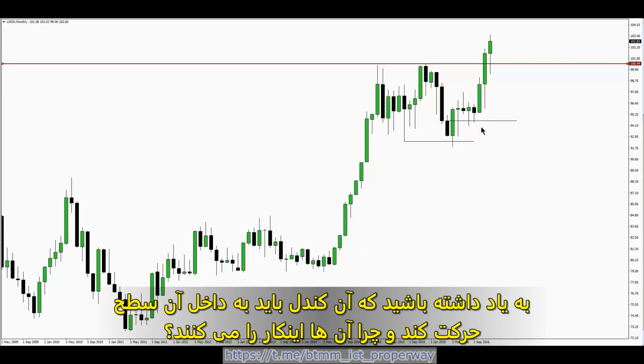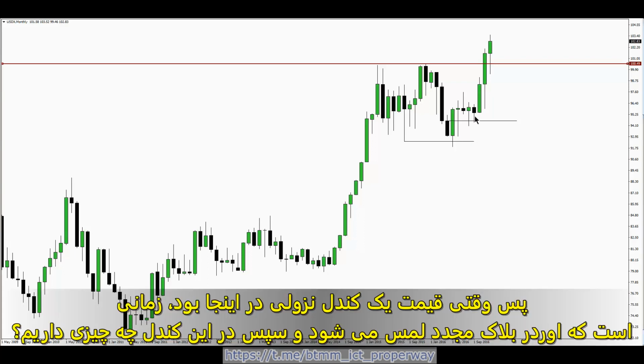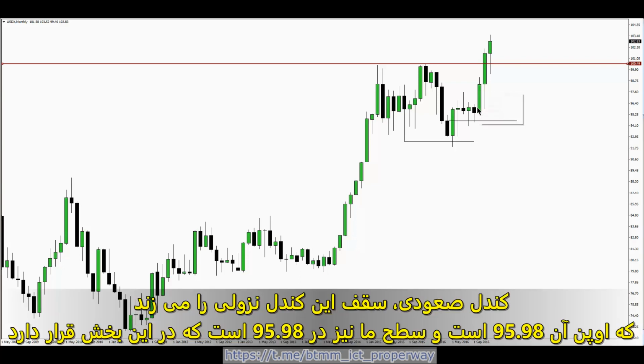And why are they doing this? They're going down there to pick up more opportunities to get long at a cheaper price, more discount price. So when price was a bearish candle here, that's when the order block would have been hit again. Okay, and then what do we have here on this candle? It violates this down candle's high. Okay, and the open on that candle is 95.98.